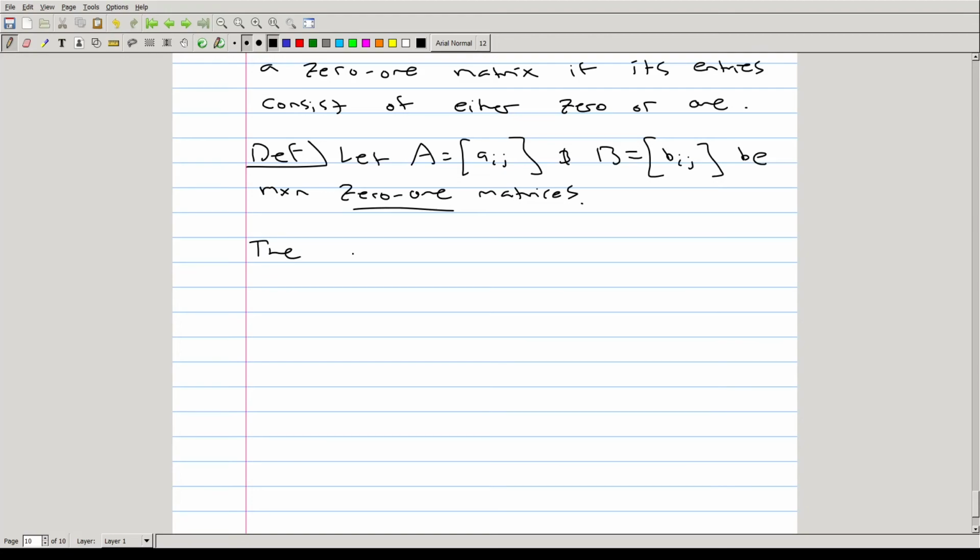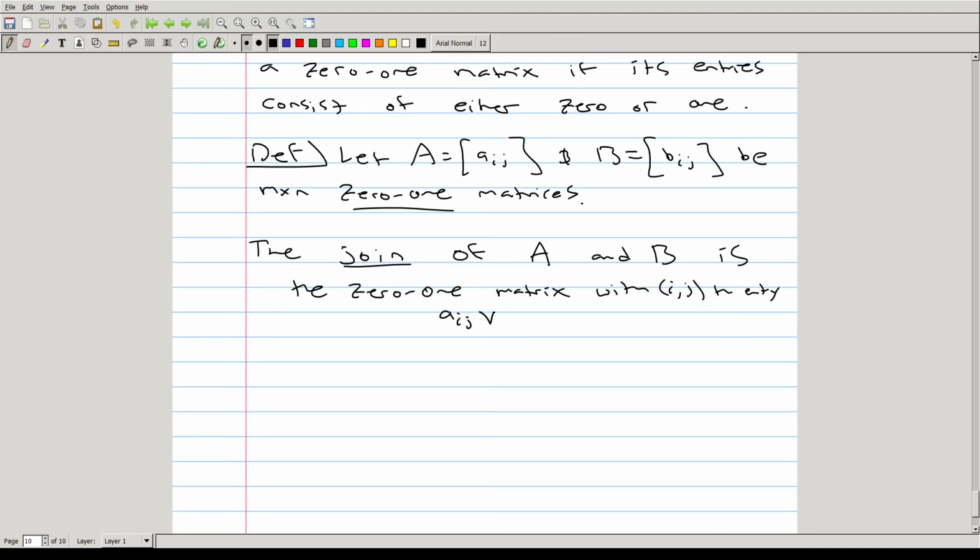The join of A and B is the 0-1 matrix with ijth entry Aij or Bij.